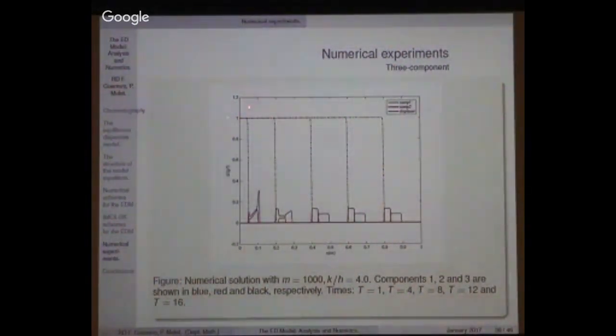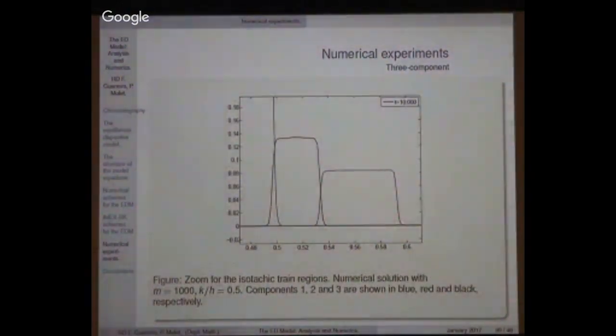So here you see the displacer, the two components, the two concentrations, and you see how the displacer is pushing them, and how these highly concentrated rectangular regions of pure substance components are being formed. And over here, if you put the outlet here, you know that you're going to get a pure substance in the first, the blue case, and then one in the red case over here, right?